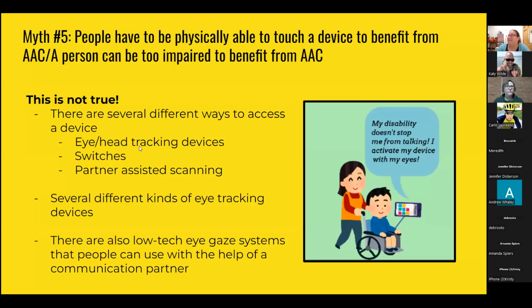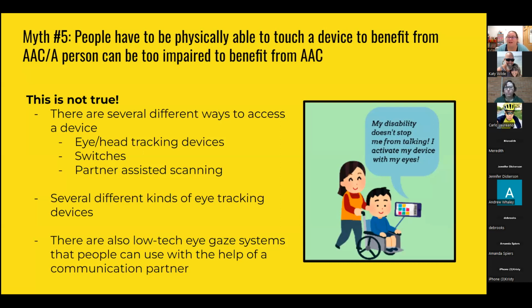All right. So one of the other things, when you talk about that motor piece, a lot of people have always thought that you have to be able to physically touch a device to benefit from AAC. And that's simply not true. We have so many different access methods, whether it's through switches to activate a high-tech device or switches just to execute a single message.